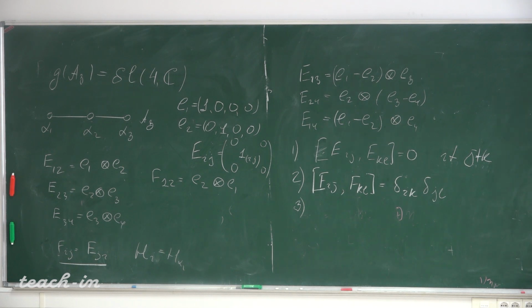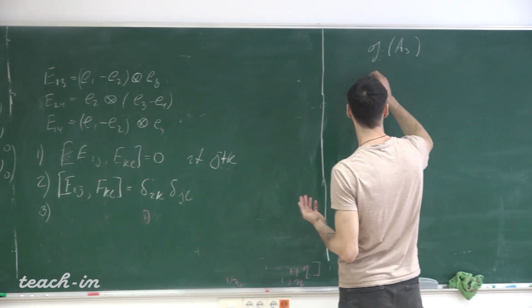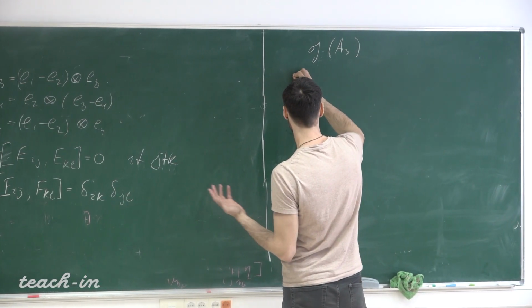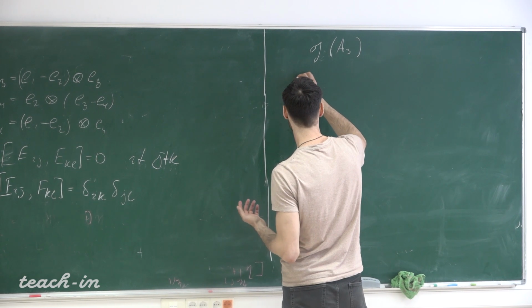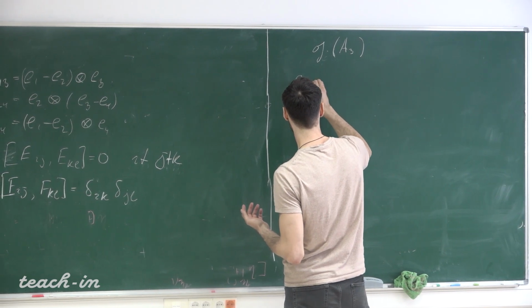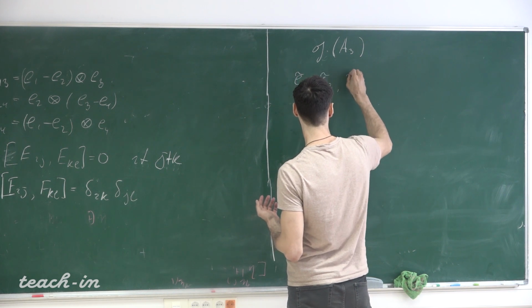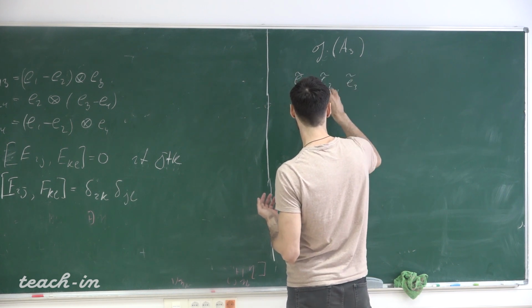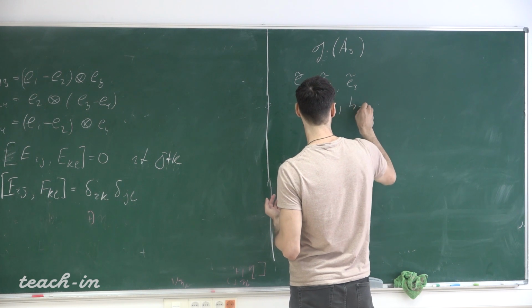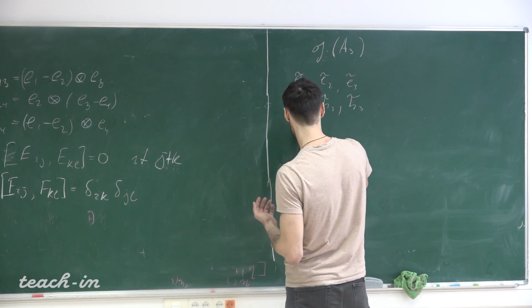So what is GA3? You have generators, which we wrote with tildes, right? E1, E2, E3, H1, H2, H3, and the Fs.